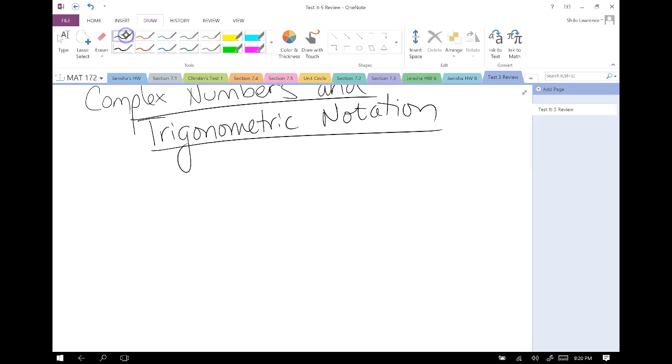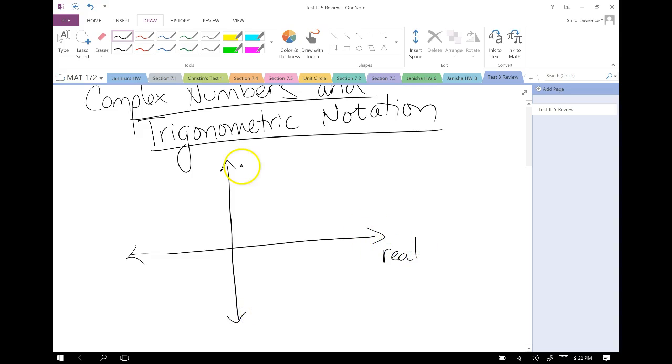So we can graph complex numbers. You should have learned about complex numbers back in Math 171 or whenever you took pre-calculus. So if we think of the x-axis as the real axis and the y-axis as the imaginary axis, we can graph a complex number.